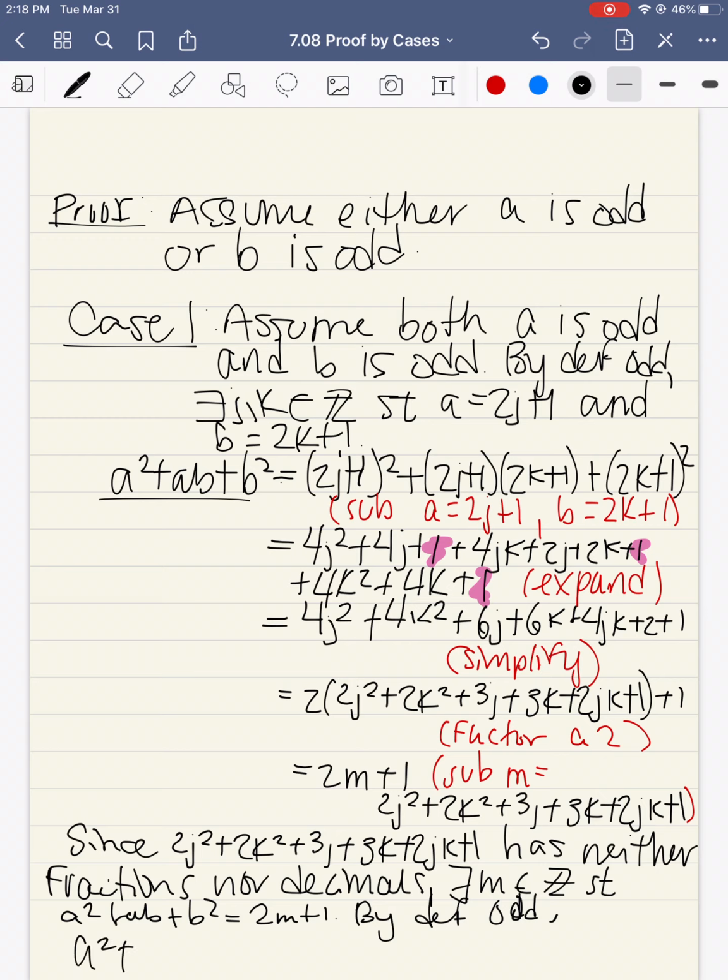A squared plus ab plus b squared is odd.